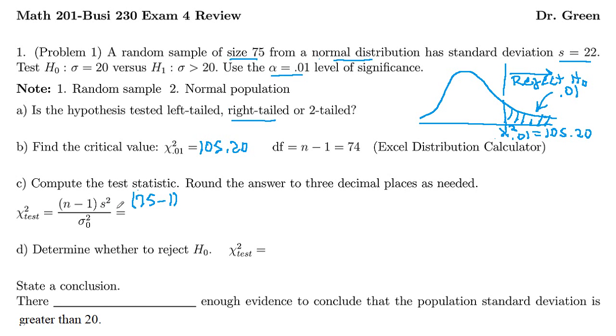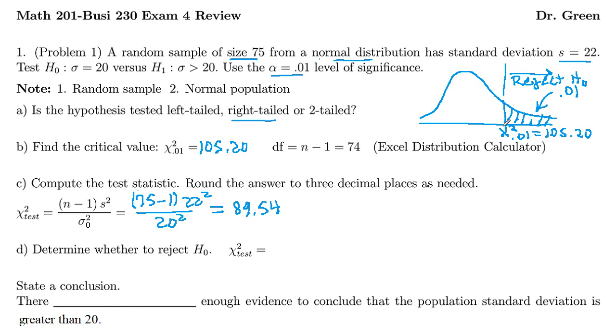And we're going to multiply by s squared. Our s right here, 22. So 22 squared. And then we're dividing by sigma 0 squared. This is your sigma 0, the 20 that you're testing against. So we're going to divide by 20 squared. And then you just plug that into your calculator. And if you do, you will get 89.54.